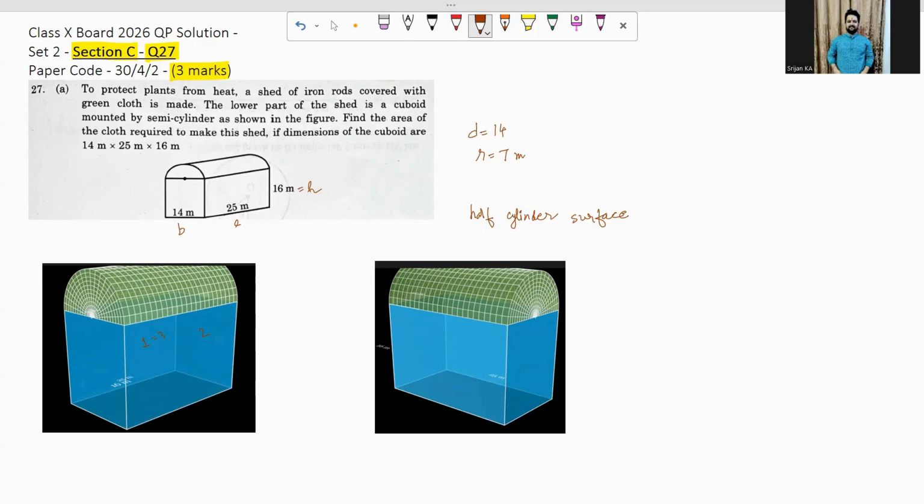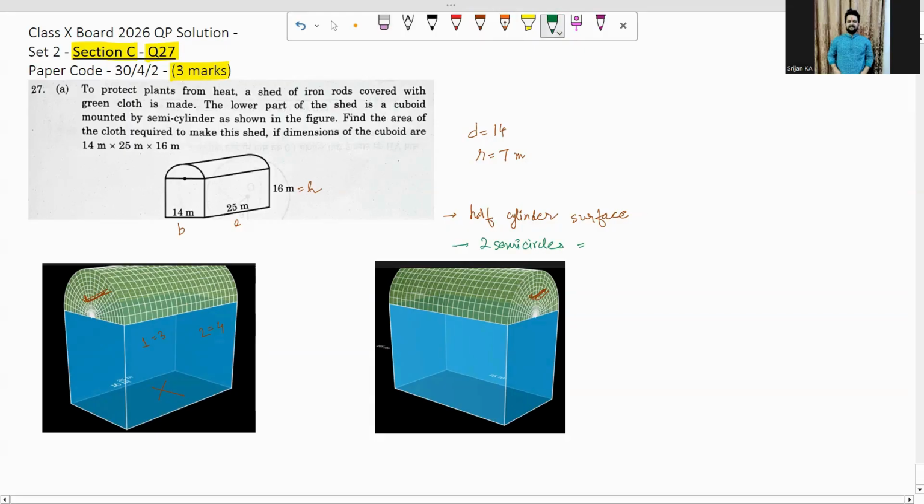So 1 is equal to 3 and 2 is equal to 4, these pairs of walls. Ground, do we need to involve? No. And top is the cylinder itself, but there are 2 more semicircles that we have to take care of. Those semicircles are this one view, as you can see here, and the other view is this. So 2 semicircles.